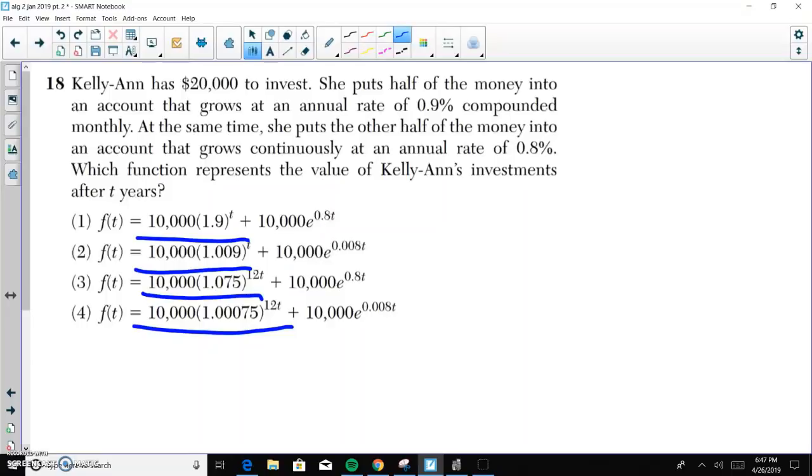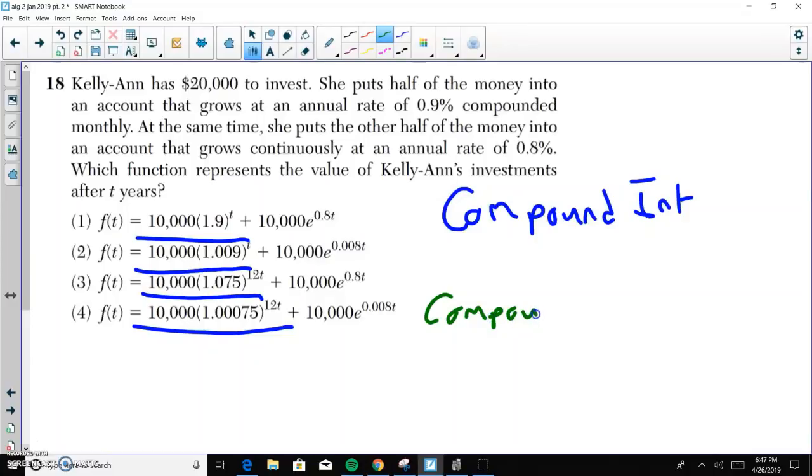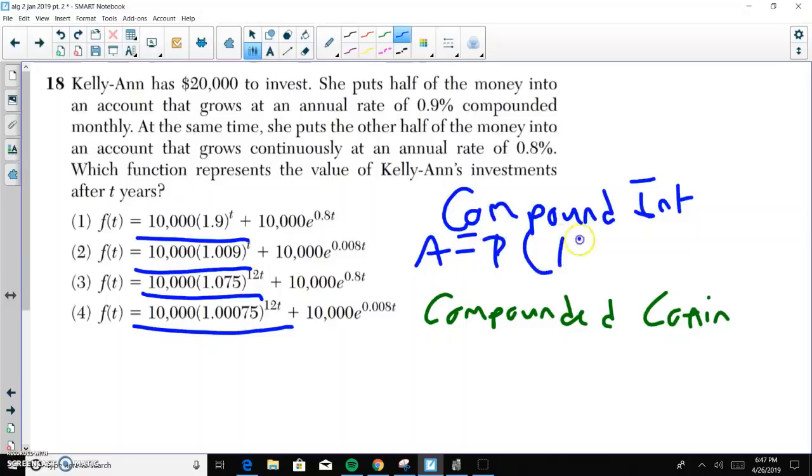So the formulas that you have to know for this are compound interest and compounded continuously. So let's start with compound interest. A equals P parentheses 1 plus r over n, to the n times t power.